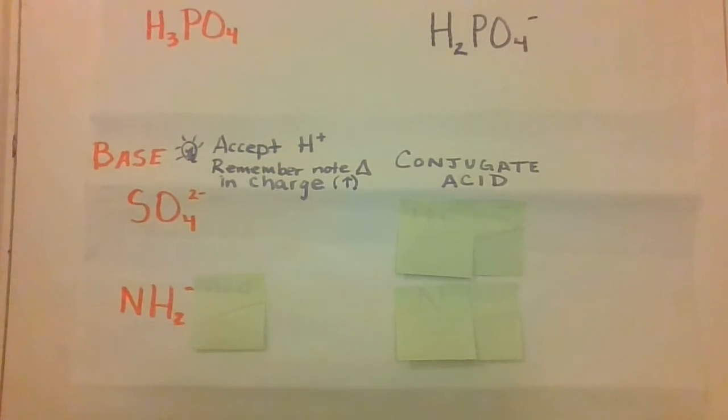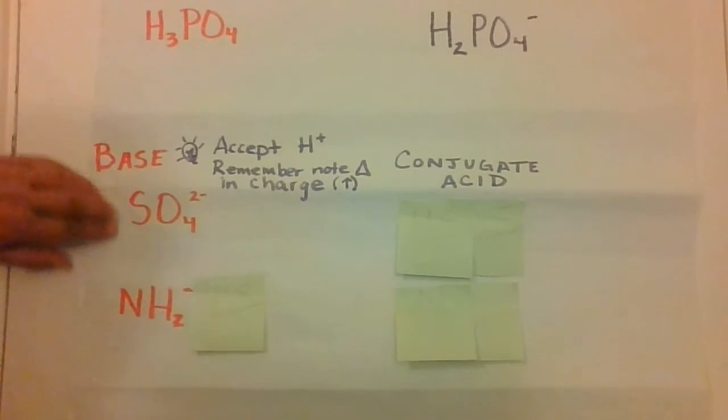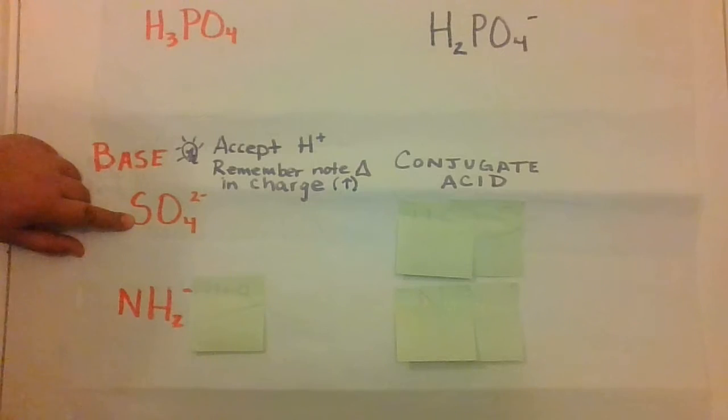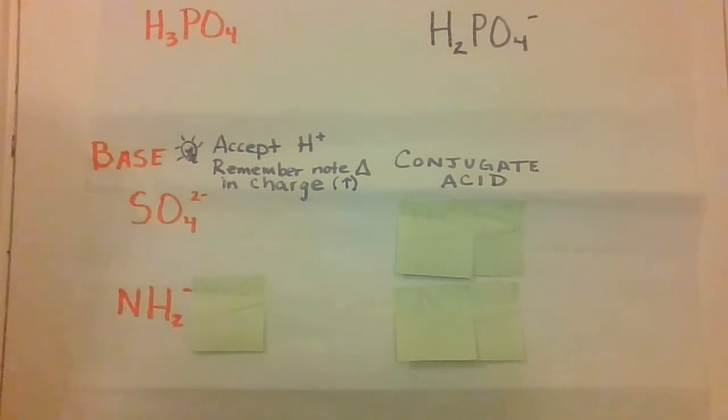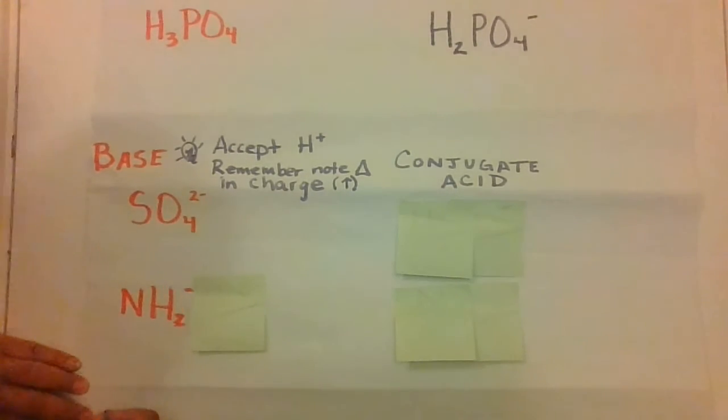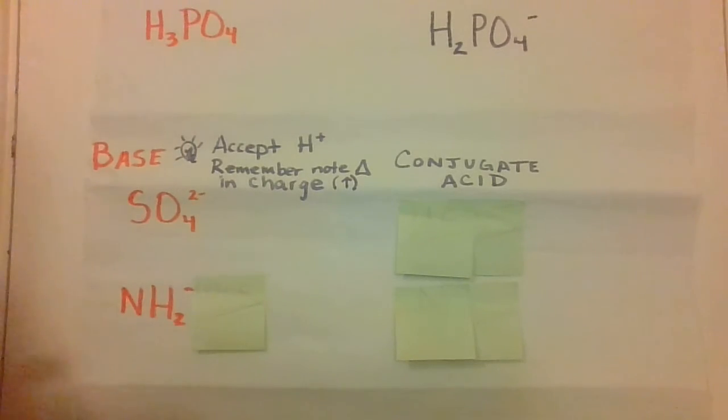For bases, they're going to increase in charge, so they will go up by 1. Okay? So let's take a look. We have SO4 with a negative 2 charge, and we have NH2 with a negative 1 charge. So take a moment to write those down and give them a try.